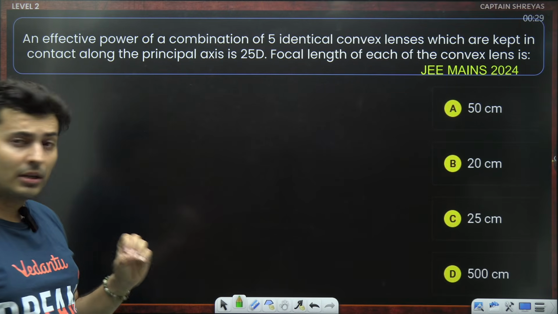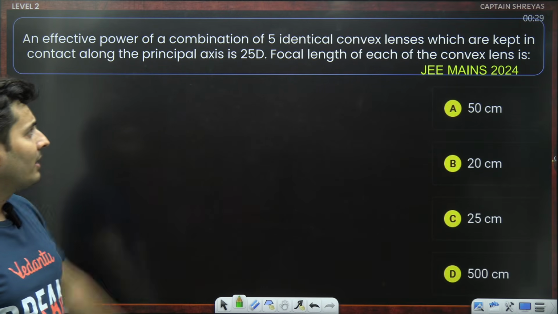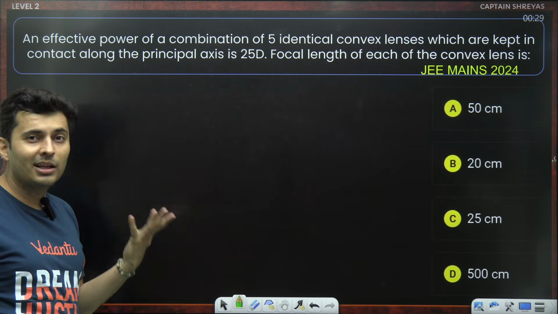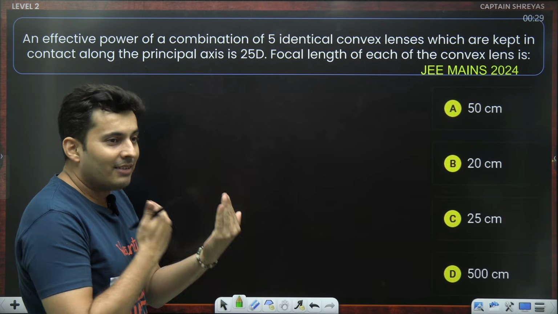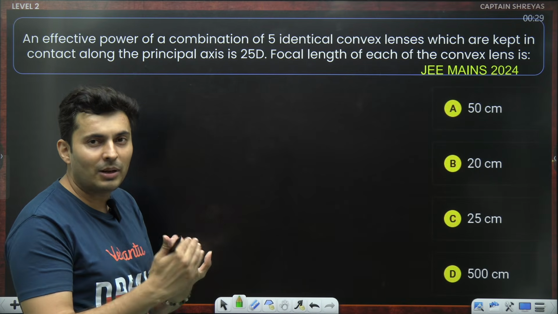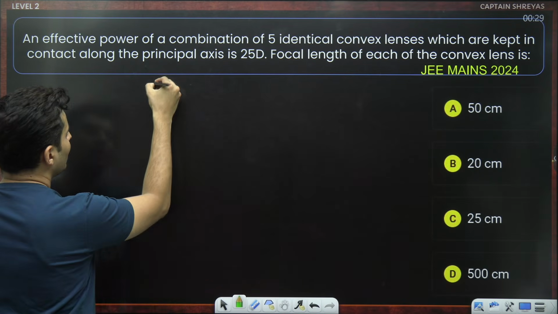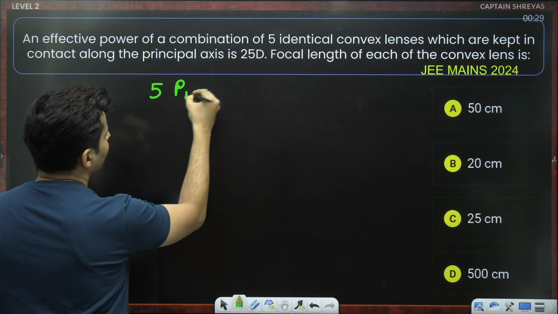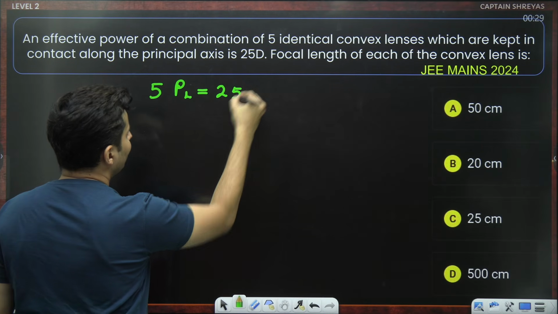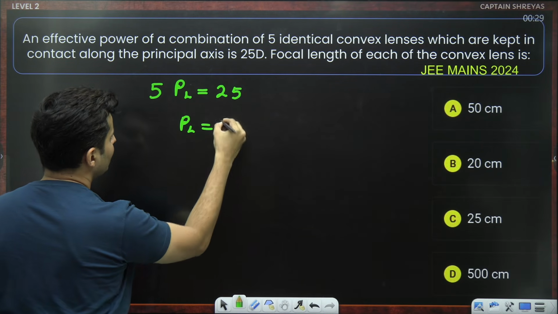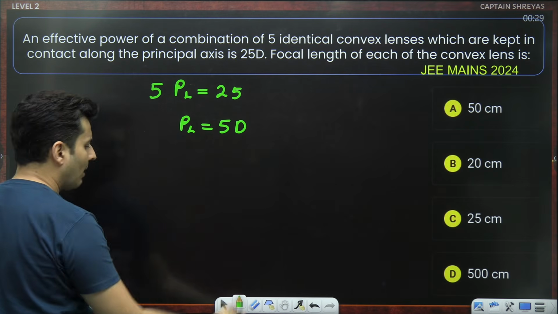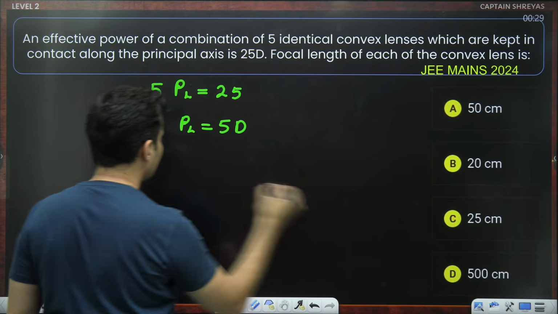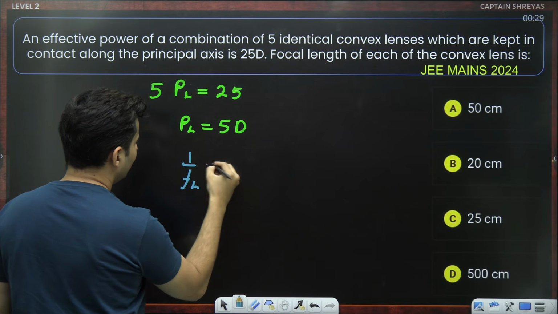5 lenses in contact, total power 25. What is the focal length of each? Here, when lenses are in contact, we can just add the powers or reciprocals of focal length. So 5 lenses, each having power P, are having a total power of 25 diopters. So the power of each lens is 5 diopters. But the power formula of any lens is given by 1 by focal length of the lens.